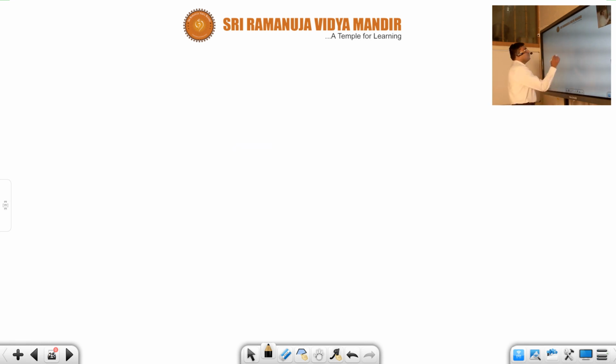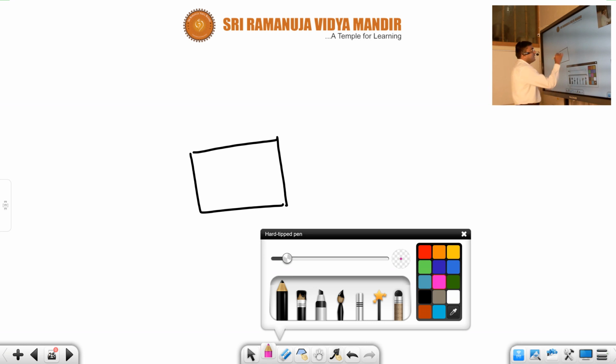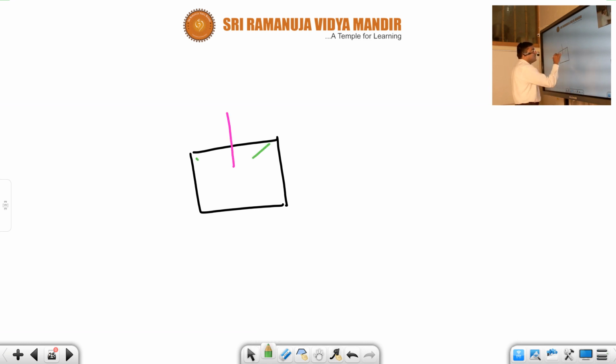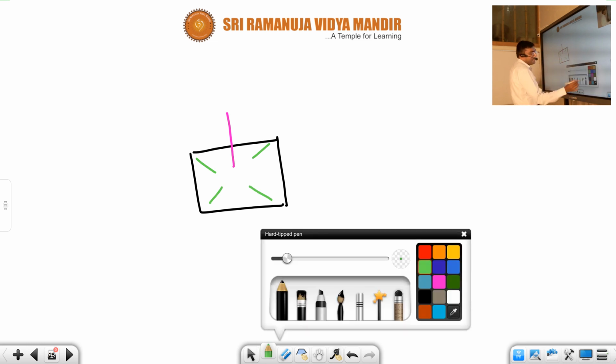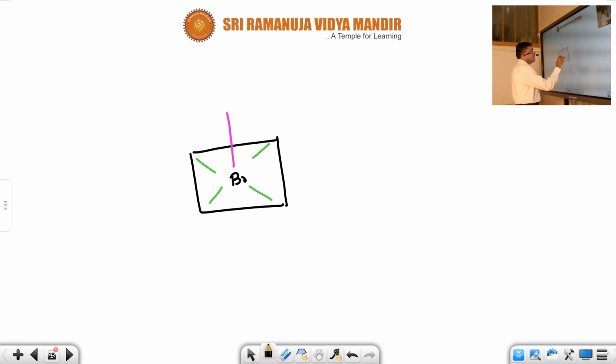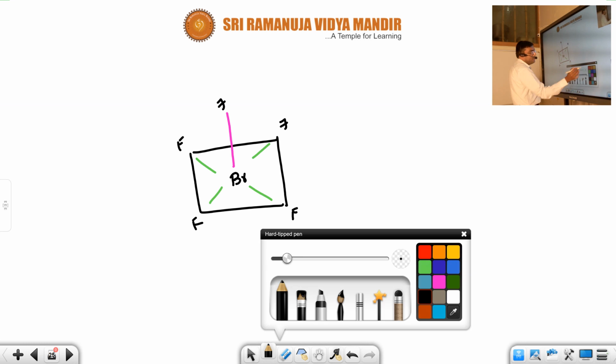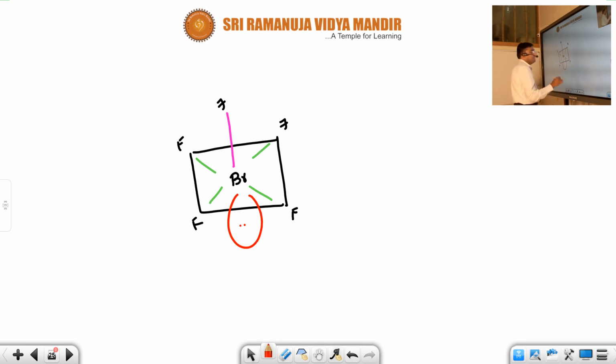Similarly, students, next one, you can say square pyramidal. What is it? Square pyramidal. If you take a square pyramidal geometry, what happens? Have a look here. Square pyramidal example, BrF5. Mind you, don't forget there is one lone pair. When there is a lone pair, mu is not equal to 0. It is a polar system.